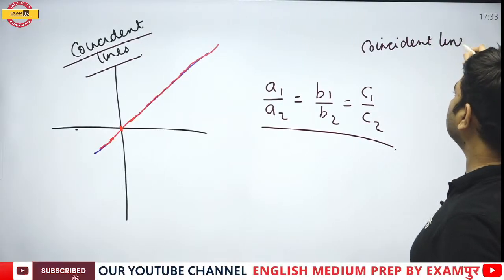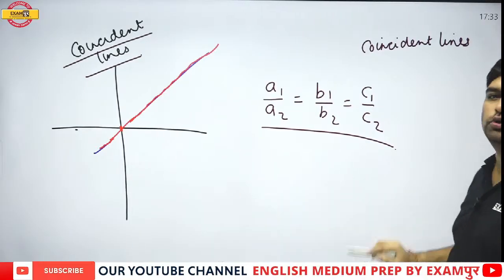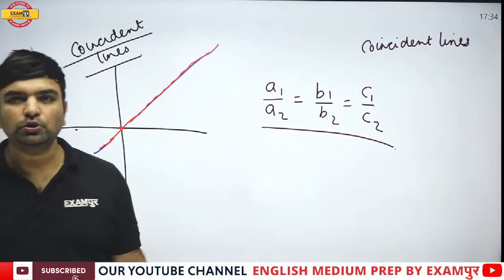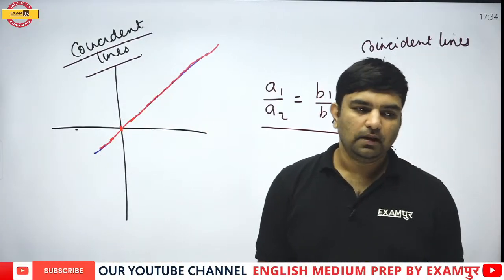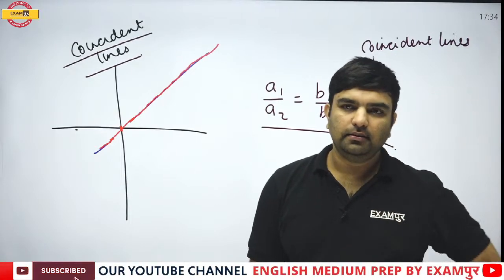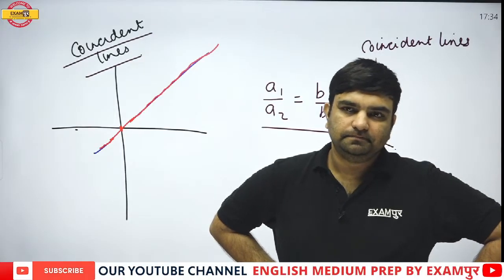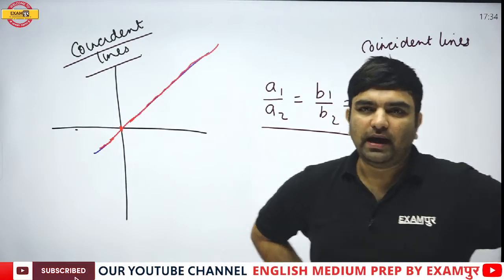Now guys, I will ask you one more thing. Coincident lines means how many solutions? Infinite.